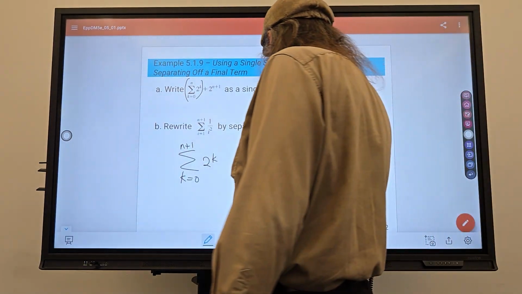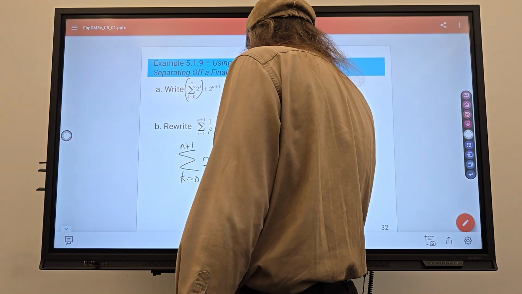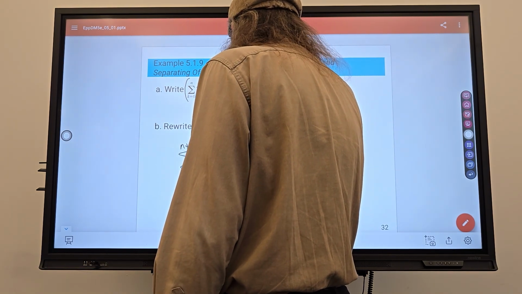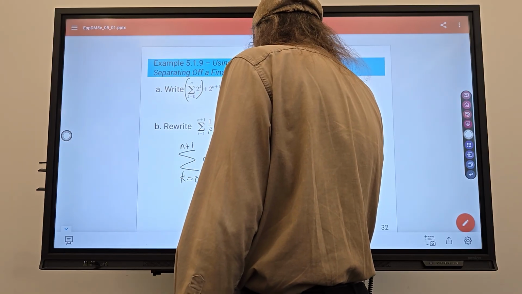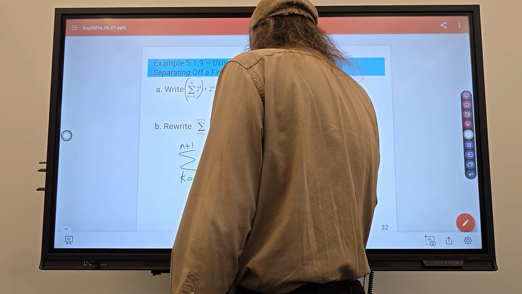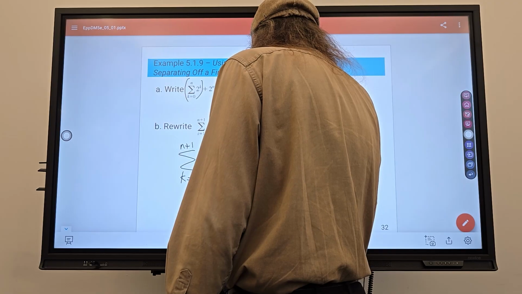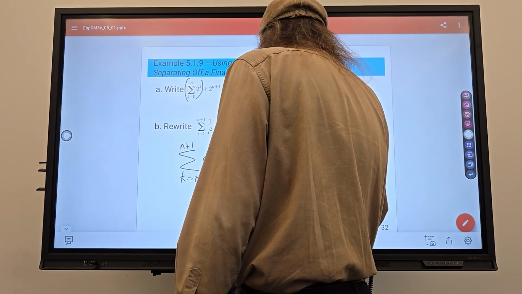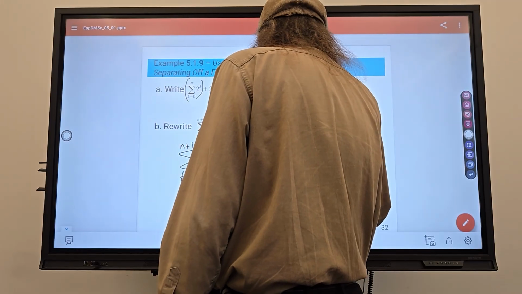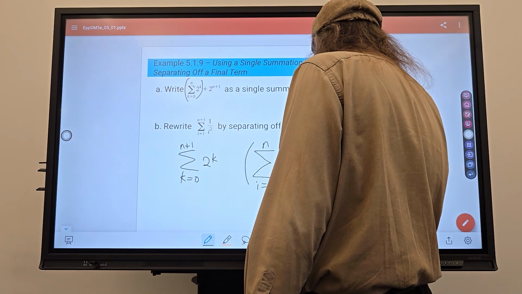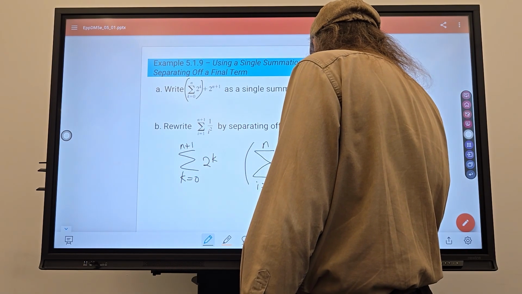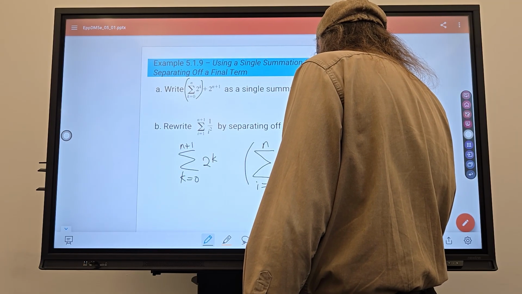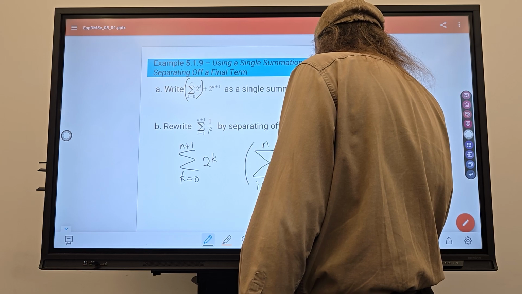So you can go: summation i equals 1 to n plus 1 equals the summation of 1 over i squared, plus 1 over n plus 1 squared.